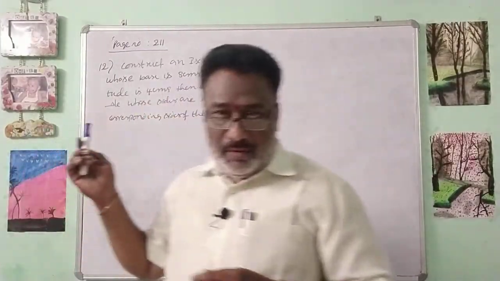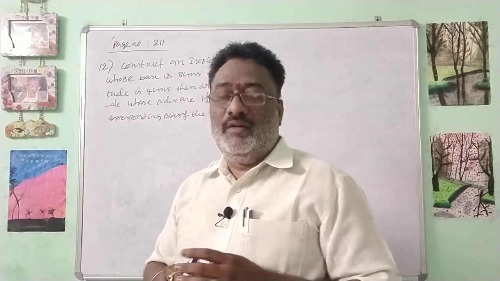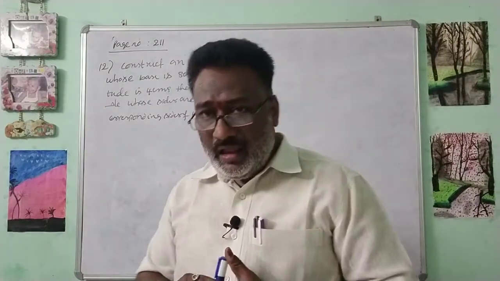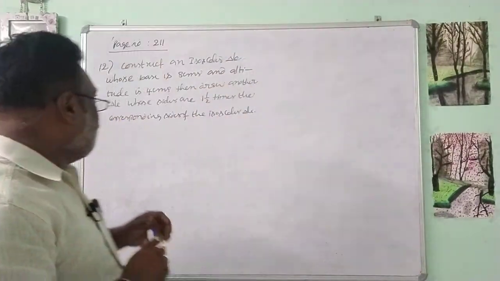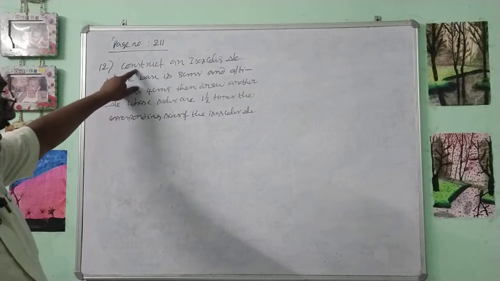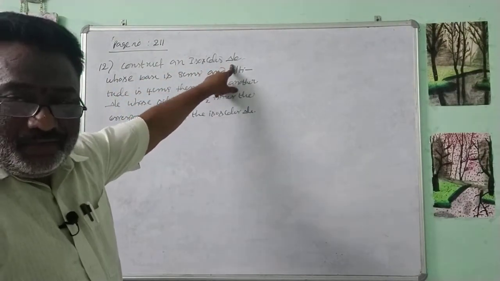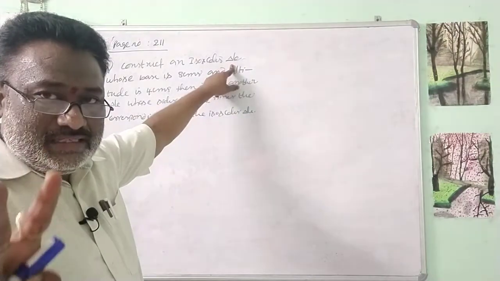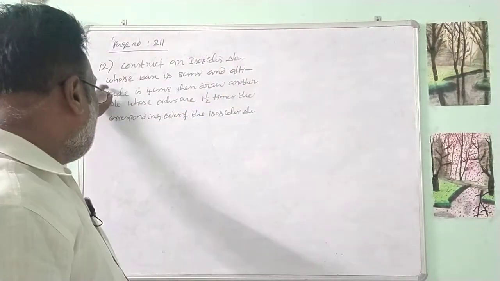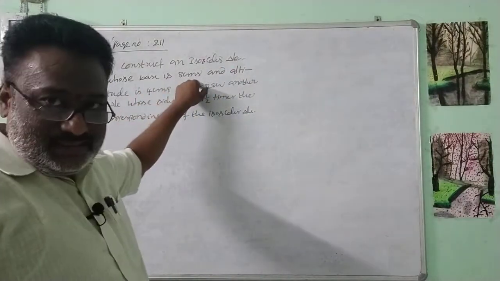Yes, this problem is the last type of this model. Okay, listen to me. Here, construct an isosceles triangle. Isosceles triangle means the triangle in which 2 sides are equal, whose base is 8 centimeters.